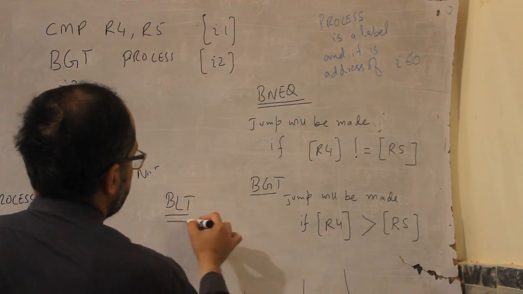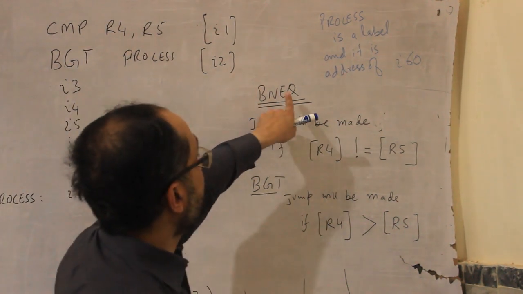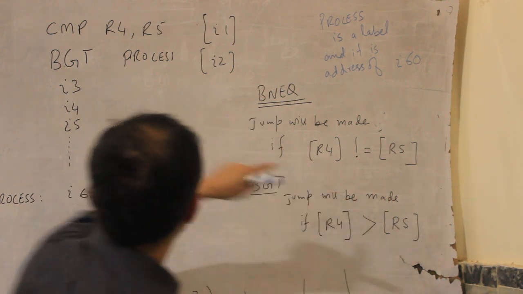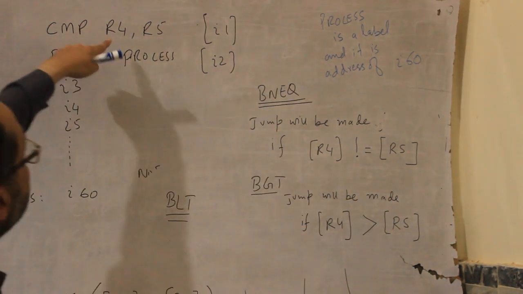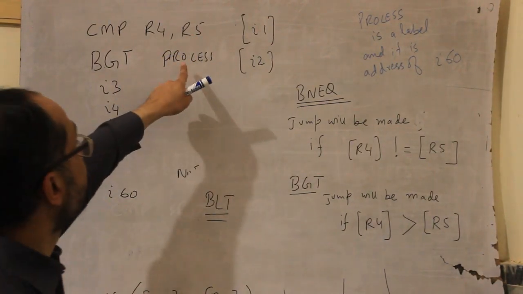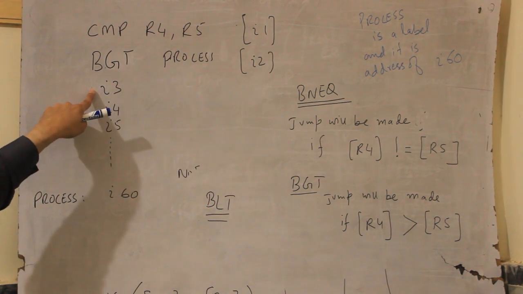So a jump will be made in this particular example if R4 is greater than R5. Otherwise, if the condition is false, then the sequential instruction will be executed.